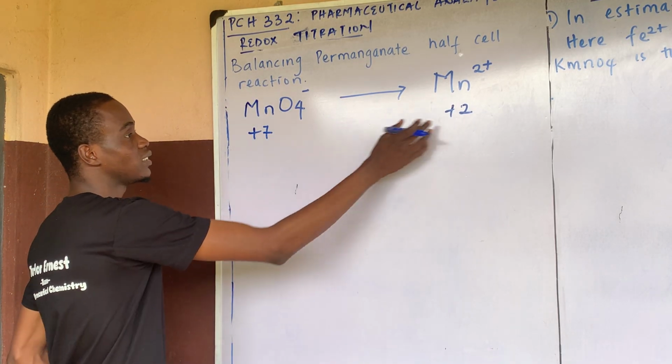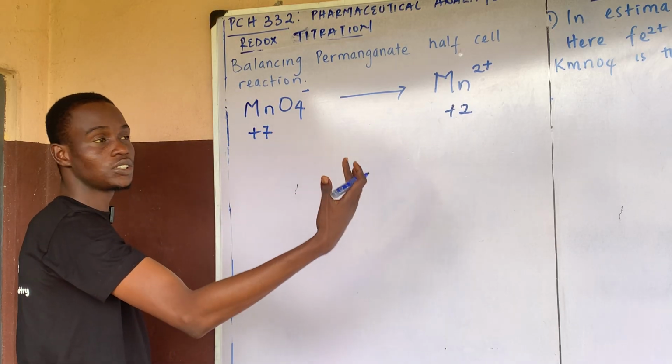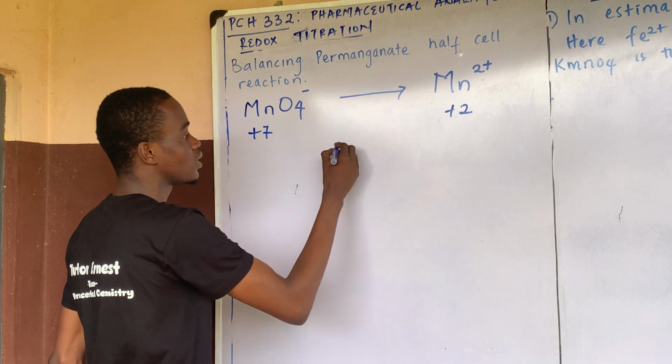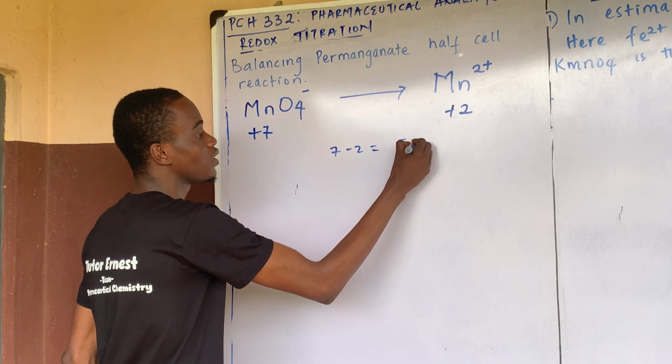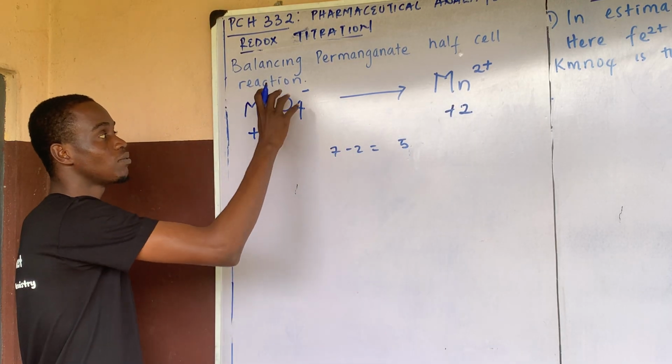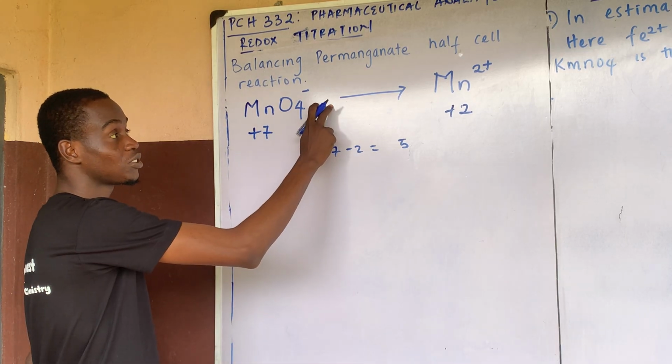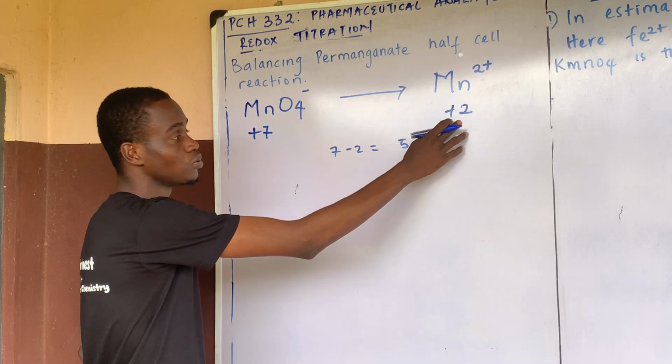Now how many electrons did it accept? So you have to differentiate, you have to subtract. That's 7 minus 2, that's 5. So it shows that the permanganate ion accepted 5 electrons in the reaction process to become reduced to +2.